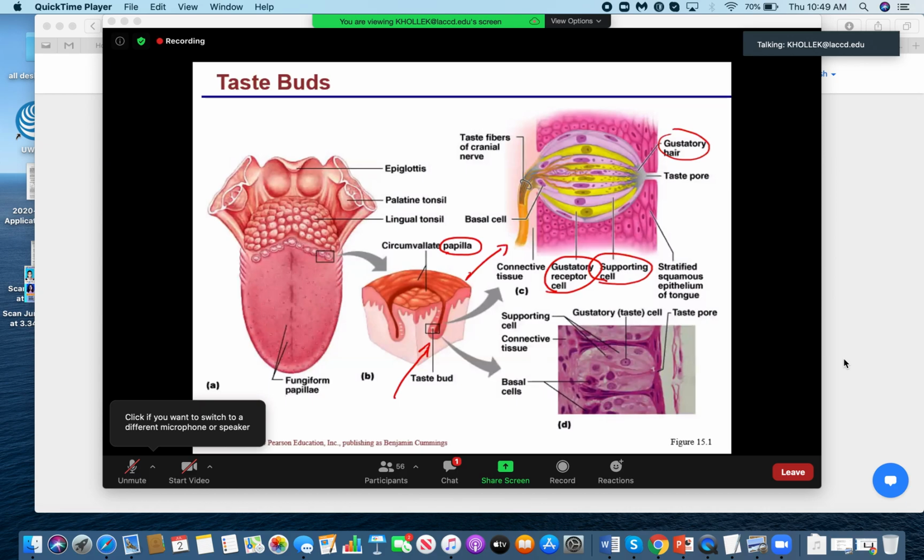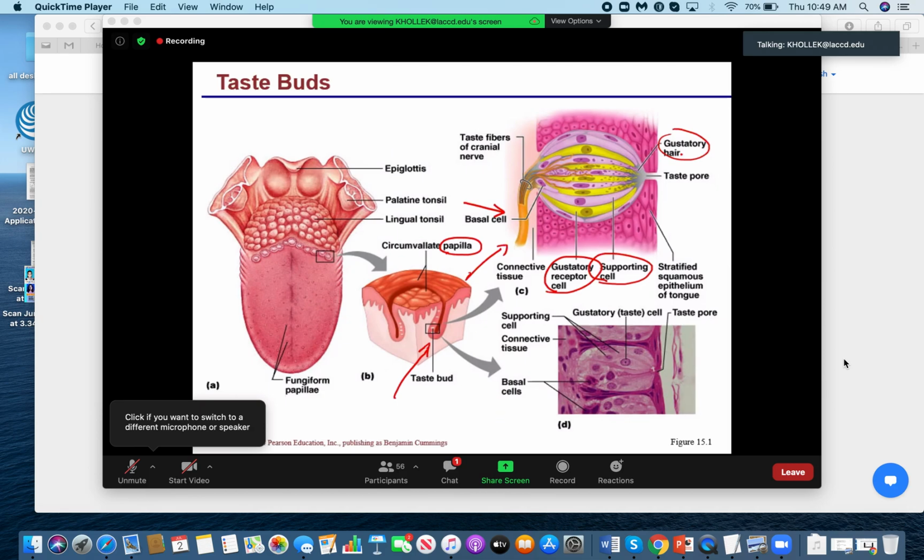They're putting the whole thing together. Notice that there are taste fibers. These taste fibers obviously are part of the cranial nerve, in other words, taking information. We discussed this already: sensory neurons take information to the control center, in this case the brain. So these are involved.